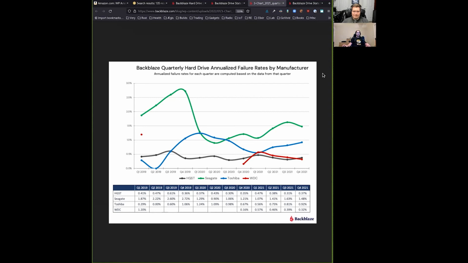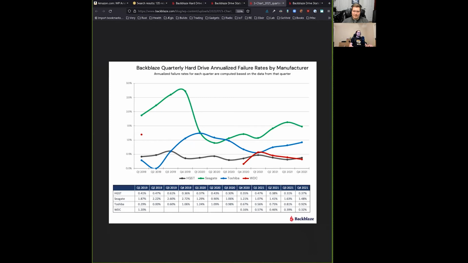And one interesting thing to point out here: in the past, the general experience was SATA bad, SAS good, and now we're seeing that SATA is actually pretty good when it comes to failure rates. That could also mean that SAS is probably even better. We don't have the numbers on that, but that's just a general assumption made from that generalization.